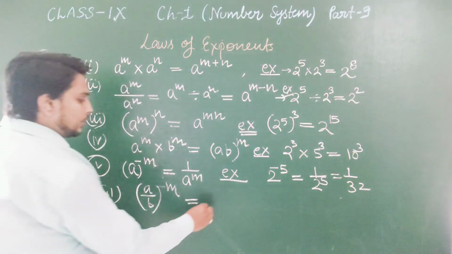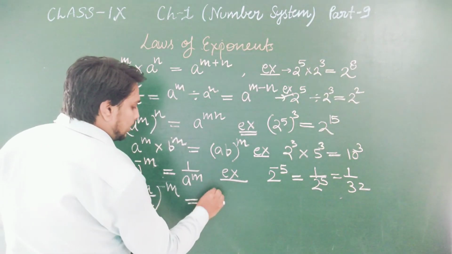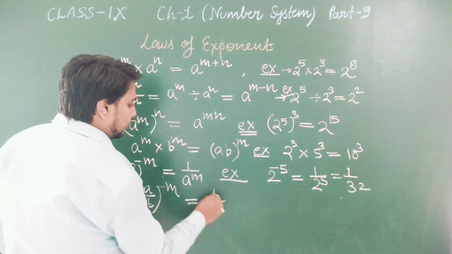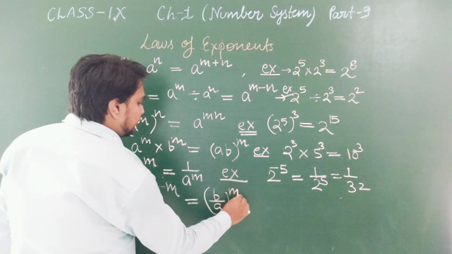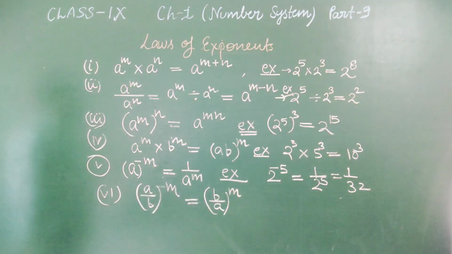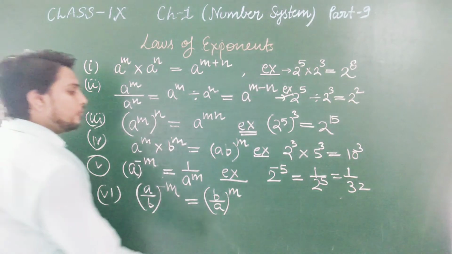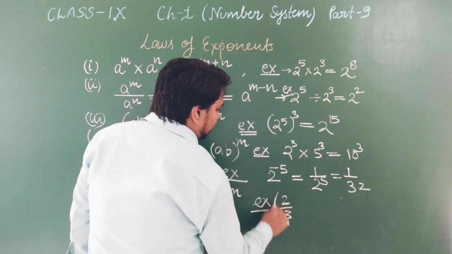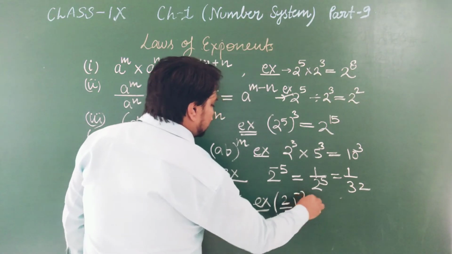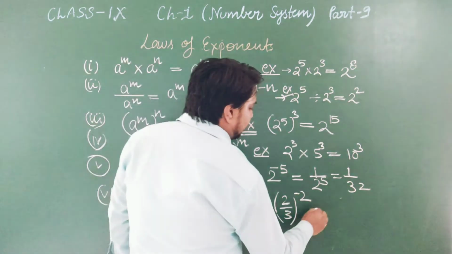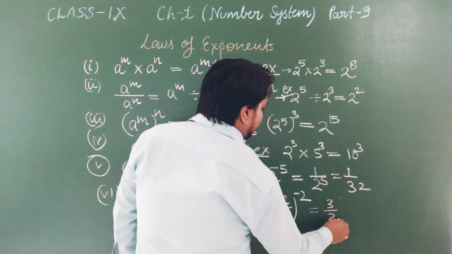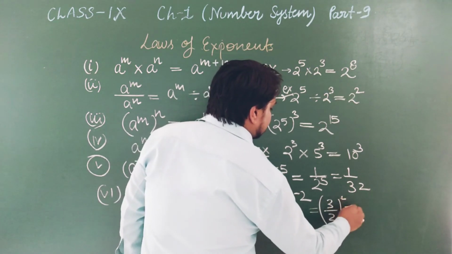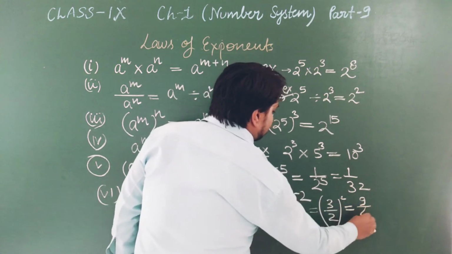So you will write the reciprocal of a upon b, that will be b upon a to the power m. For example, if the number is 2 by 3 to the power minus 2, you can write it as 3 by 2 to the power 2, that is 9 by 4.